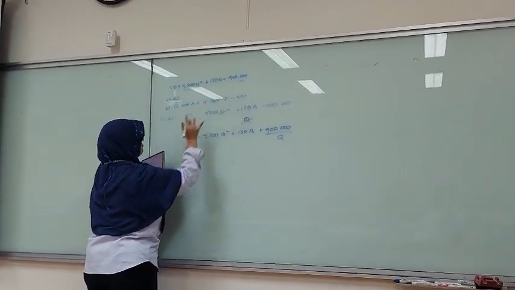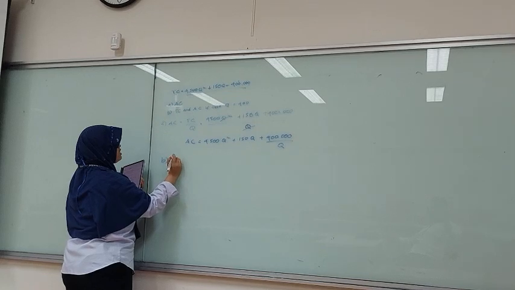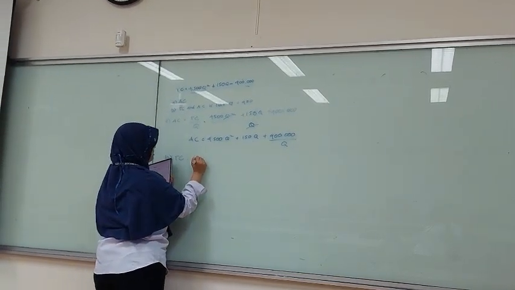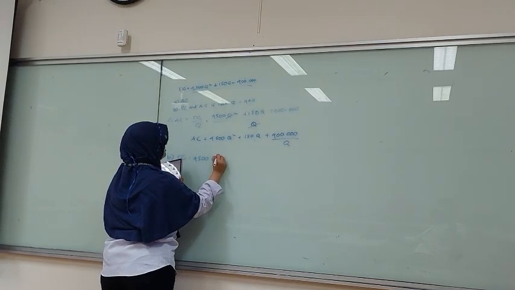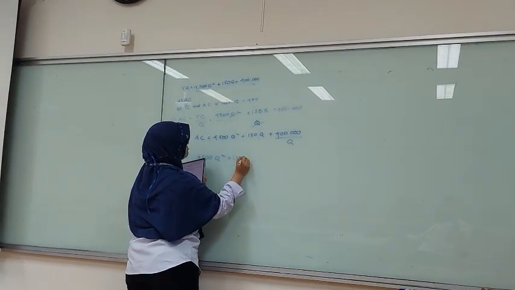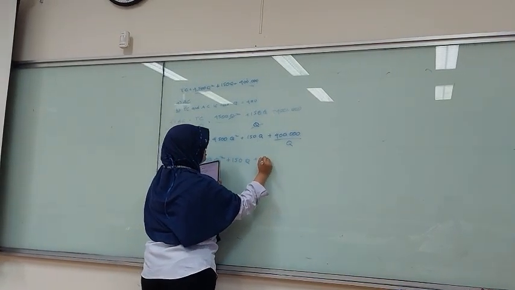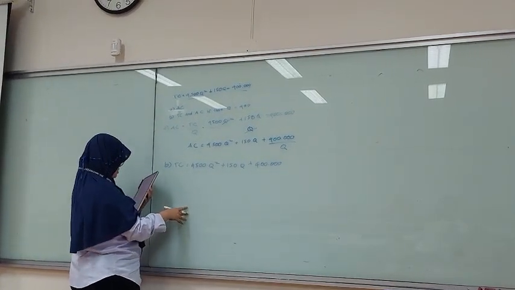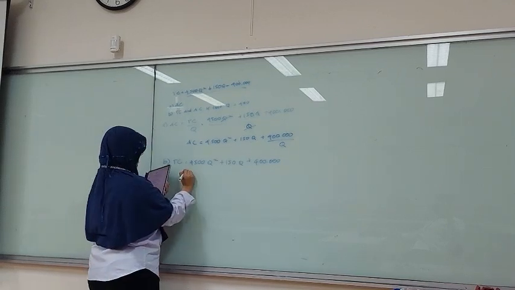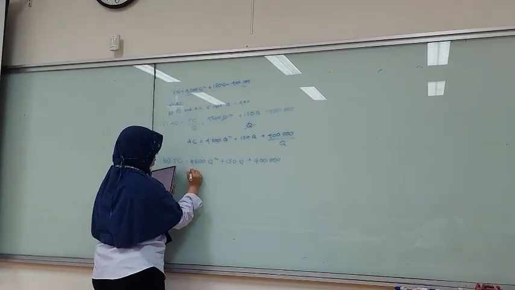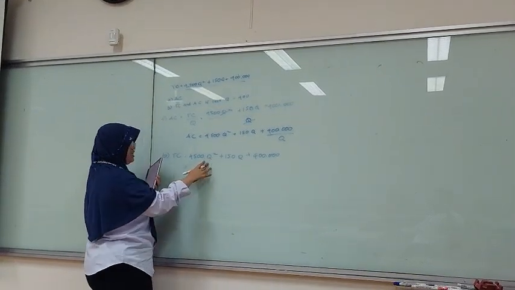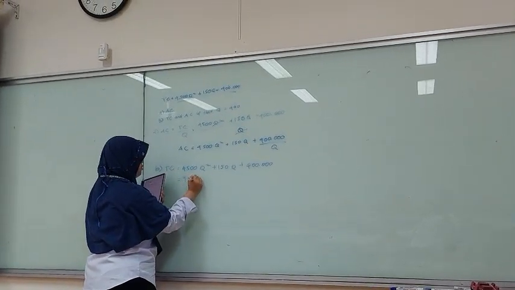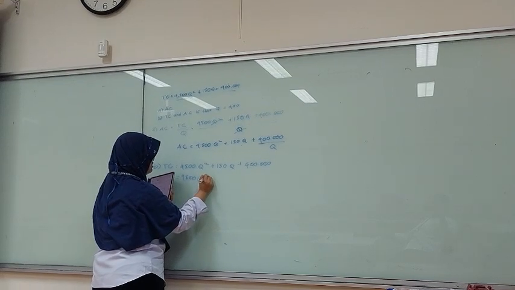And the second one, the TC, if the key is 400: as we saw, it's key squared plus 100 key plus 400. We just input the key here because the quantity is known, 400, so we only need to put the key as 400.